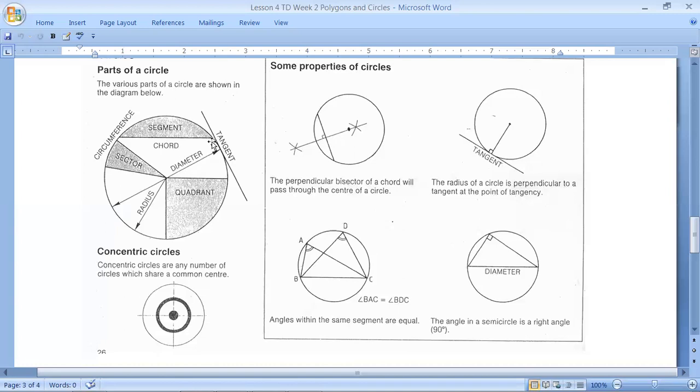Any line which passes and touches the circumference, we call a tangent line. When you have a circle, 1, 2, 3, 4 circles, which share the same center, we call them concentric circles, because they are sharing the same center.